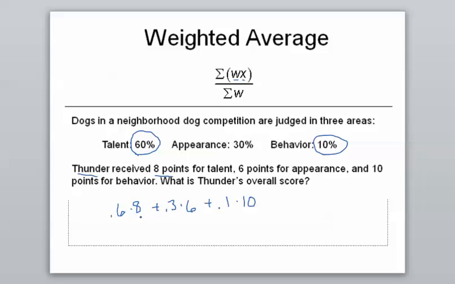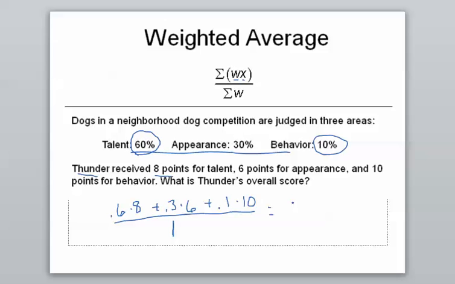And then you're going to divide this whole thing by the sum of the weights. So 60 plus 30 is 90, plus 10 is 100%. So you're going to divide by 1. Remember, you've got that decimal that you're dealing with.